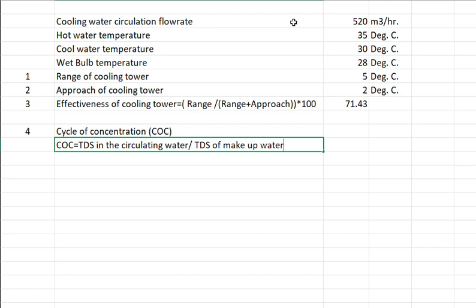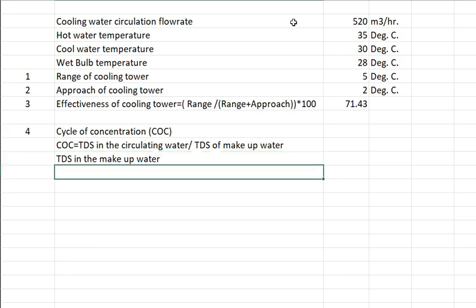TDS means total dissolved solids. To calculate that, we need to input some values of the TDS in the makeup water. It is the standard or specification of the inlet water from MIDC or GIDC or borewell that we use in the cooling water.